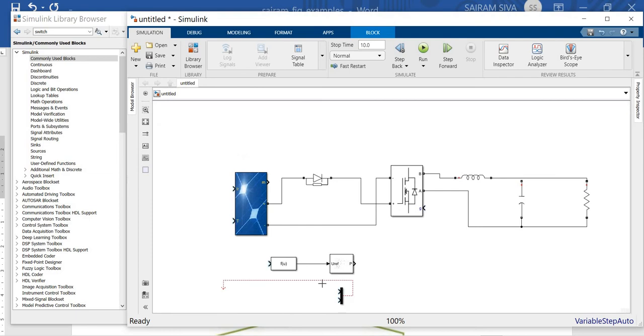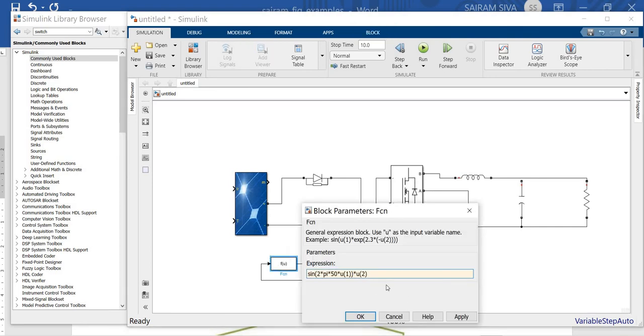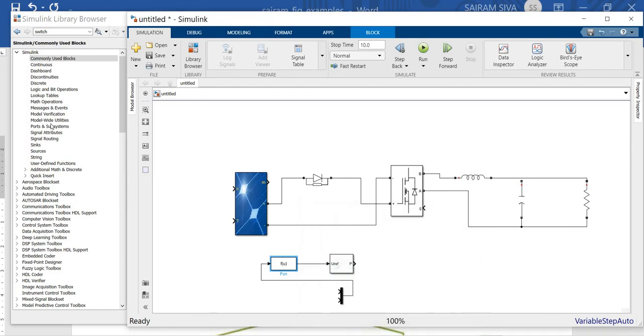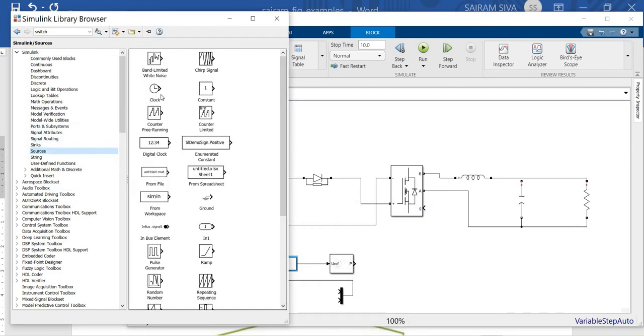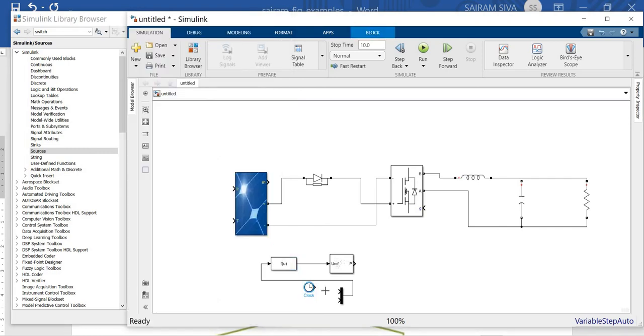I drag and drop this mux. Here, two inputs are to be given. The first input is u of 1, which is t, and u of 2 is the magnitude. So from the source, the time clock is available. I am also going to feed this time clock here.